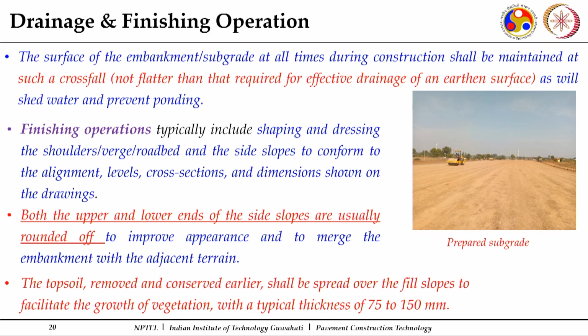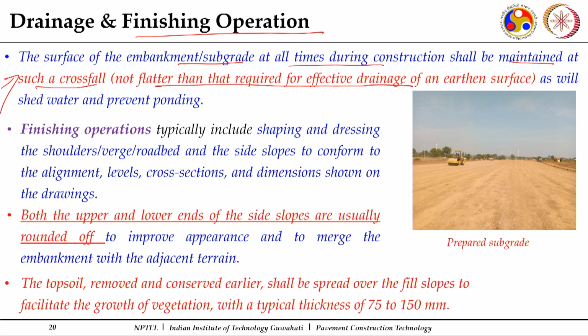Once the compaction is complete for one particular layer, the drainage and finishing operations have to come up. The surface of the embankment or subgrade shall at all times be maintained at a cross slope not flatter than required for effective drainage.